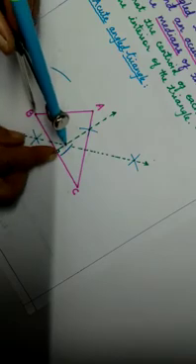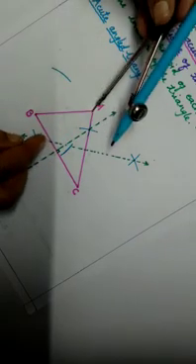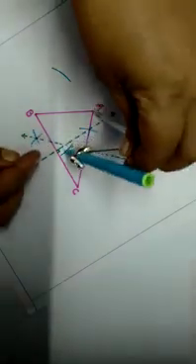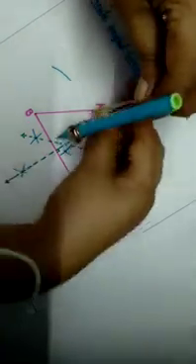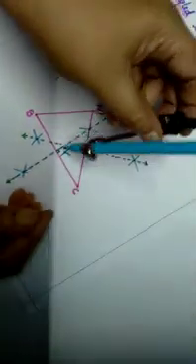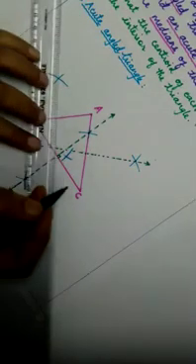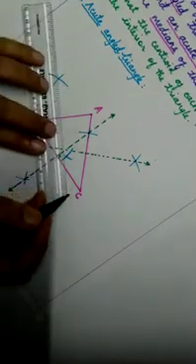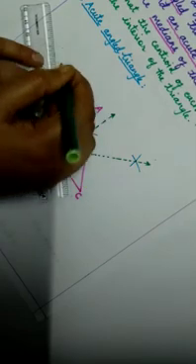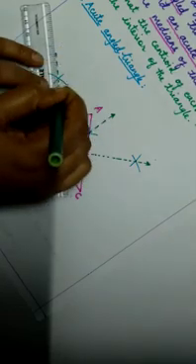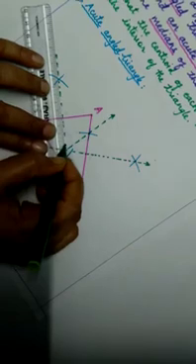Here from B also we have drawn. Now we will draw arcs from point A which intersect both the arcs. In this way we have drawn two arcs, and now join them again with a dotted line.